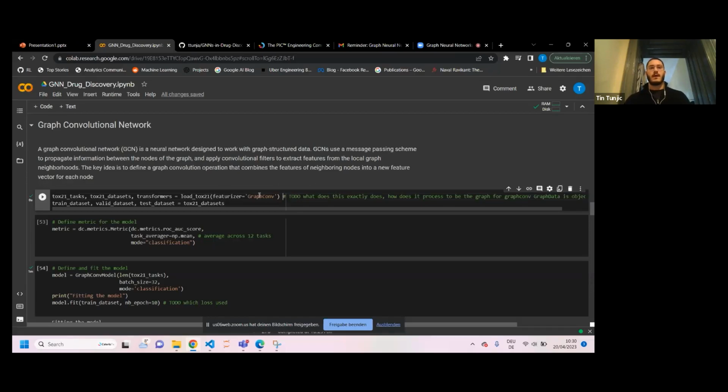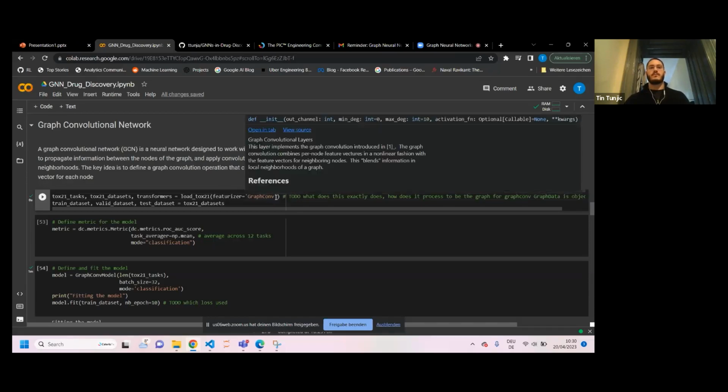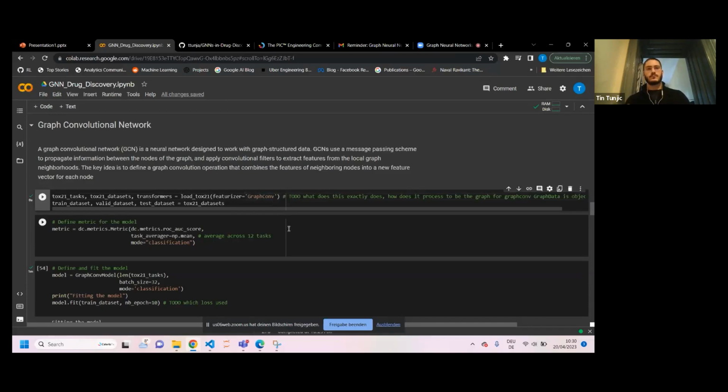It provides us with the Tox21 dataset, and for all of the atoms, it brings the feature embeddings, the node embeddings, meaning all of the features, for example atom type, and for the edge embeddings you get bond types and various things. We already get that provided by using this load_tox21 function and this featurizer, to get the needed features for our Tox21 dataset to input into the graph convolution network.